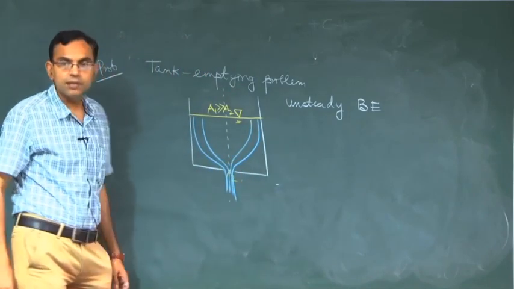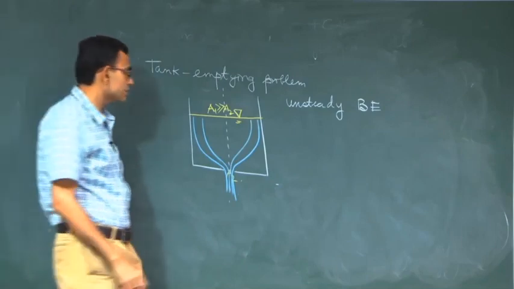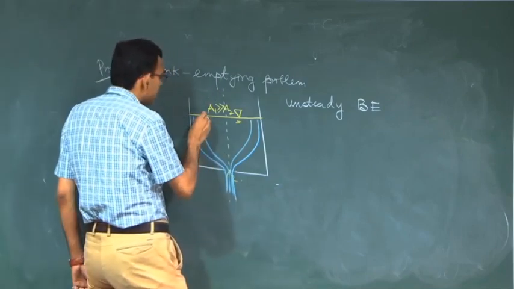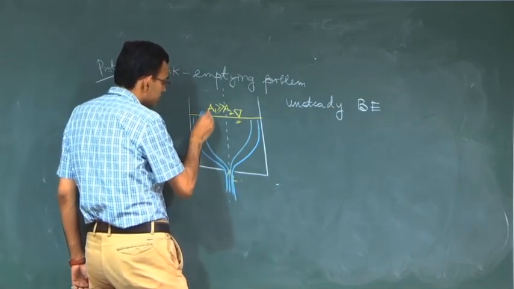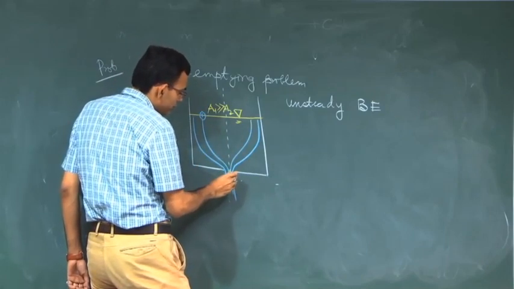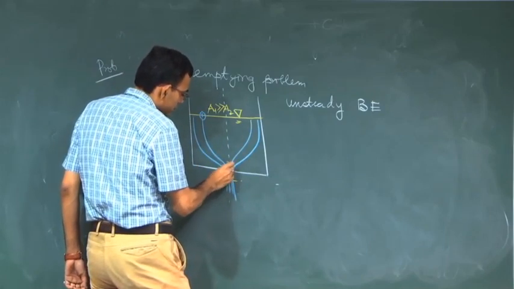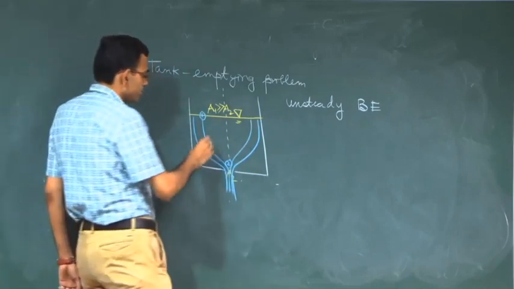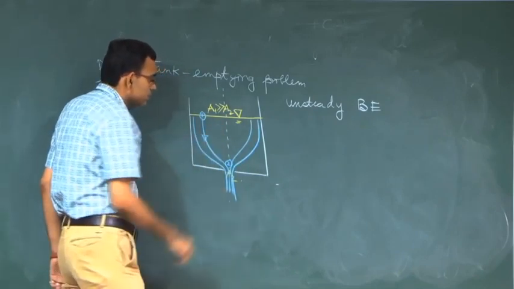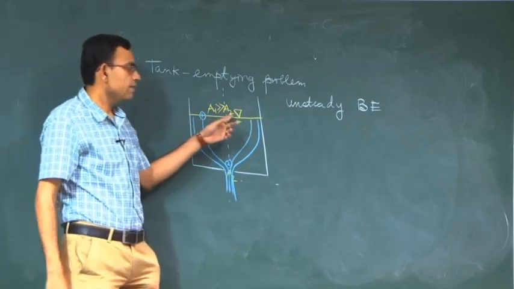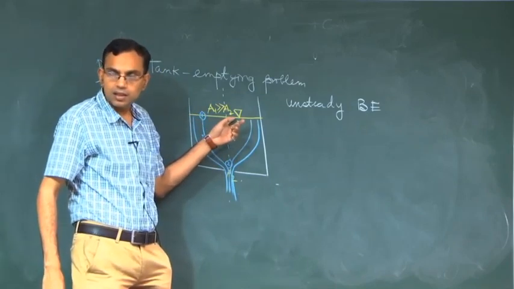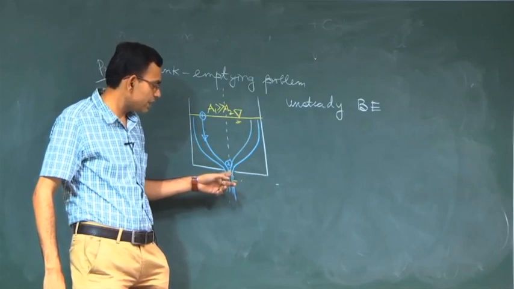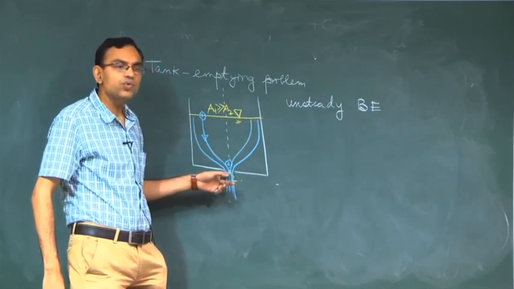Representative streamlines are like this, and let us say that we consider 2 points, 1 and 2, located on a streamline, where 1 is at the area A1 and 2 is located on the area A2.